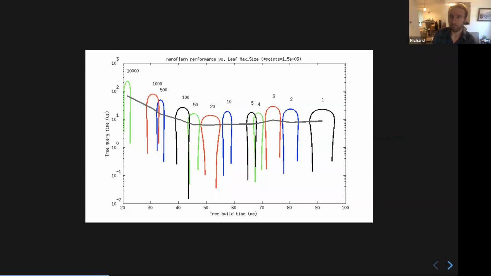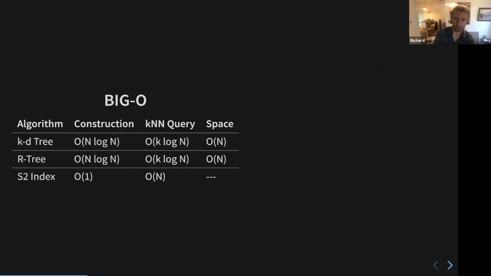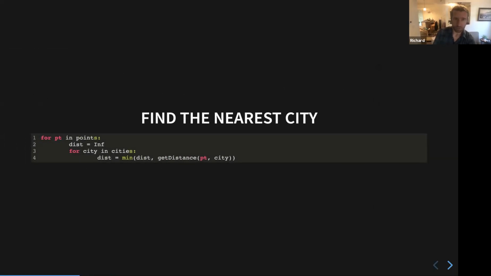So one tool for performing this that's available, I believe, for Python, R, and C++ is called nanoflann. And you can see here that with only a few hundred milliseconds of pre-processing time, it's possible to get query times on the order of microseconds. So now when you're doing that double nested for loop, the inner part of that loop, let's head back here for a second.